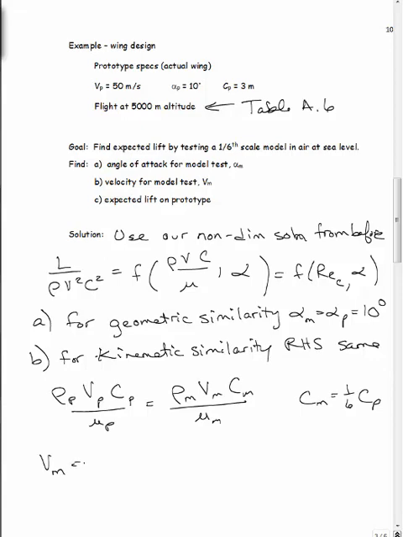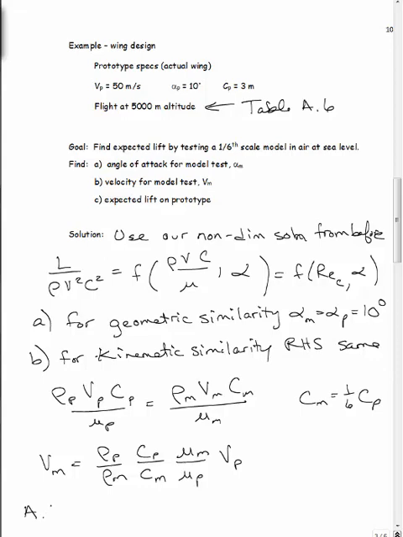We get Vm. We're trying to find the velocity for the model test in part B. So Vm is rho of the prototype over rho of the model, times Cp over Cm, which is going to equal 6, times mu m over mu p, times velocity of the prototype, which is a given. So what we need is our rhos and our mus.